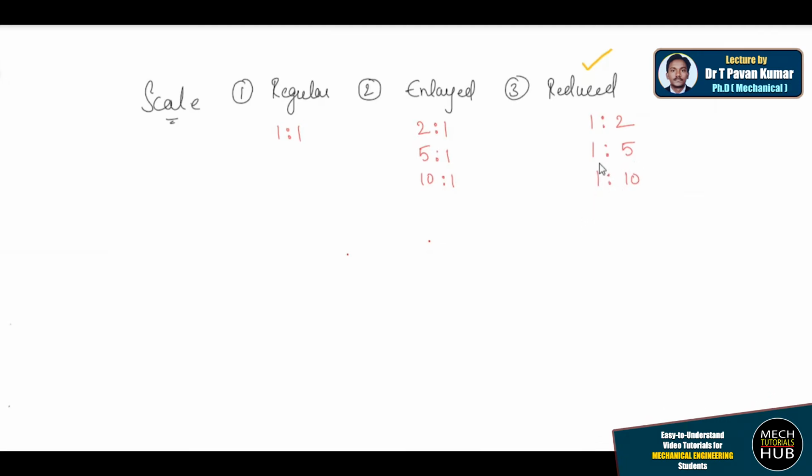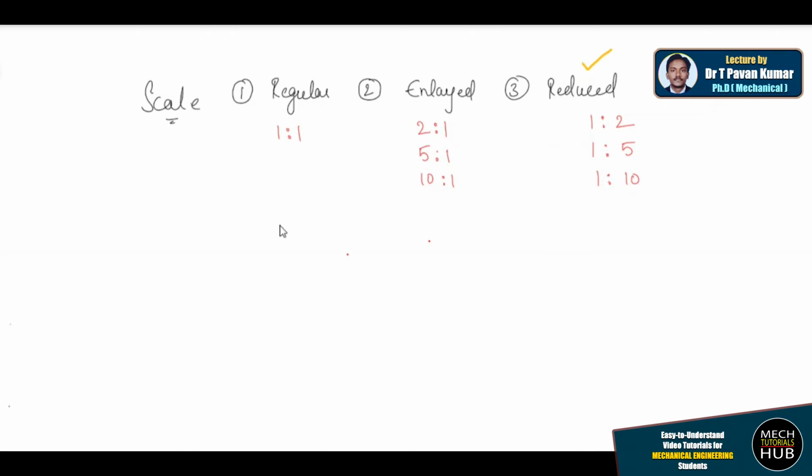It all depends on the requirement of the customer, or on the requirement of the draft person. You people are draft persons, because you draft the things on a sheet of paper by using all the drawing instruments.